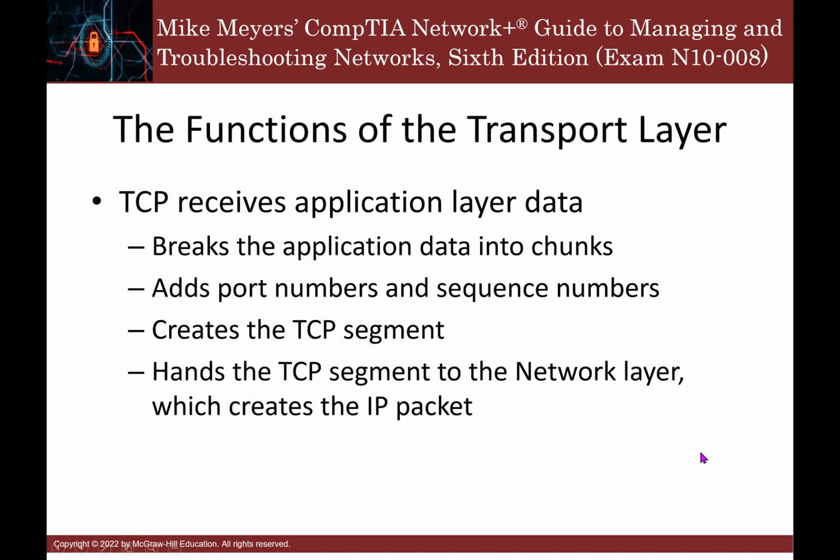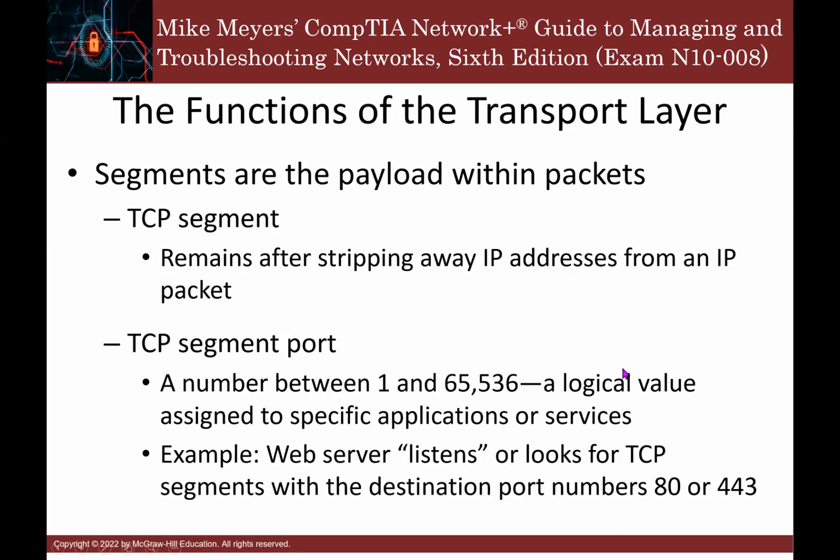So TCP receives application layer data, breaks the application data into chunks, adds port numbers and sequence numbers, creates a TCP segment, and then it hands this TCP segment to the network layer, which creates the IP packet. So segments are the payload within the packets, just like packets are the payload within the frames.